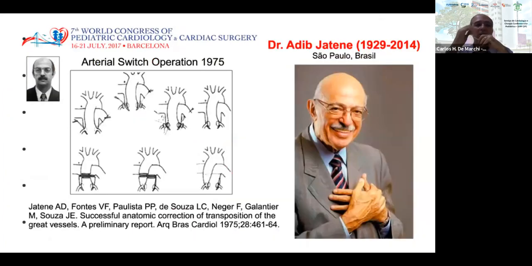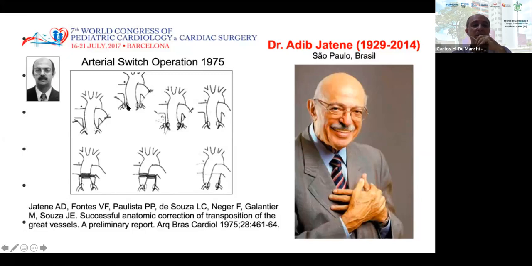And we are very proud of Dr. Adib Jatene, who in 1975 described the first case with arterial switch and the anatomic correction of the transposition of the great arteries. This is the surgeon view. The aorta is anterior, the pulmonary arteries are separated.